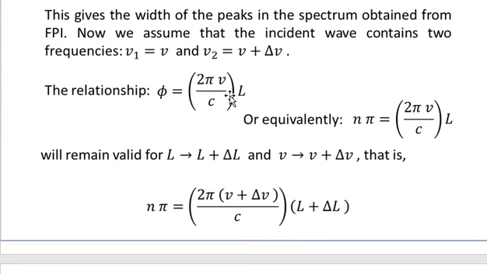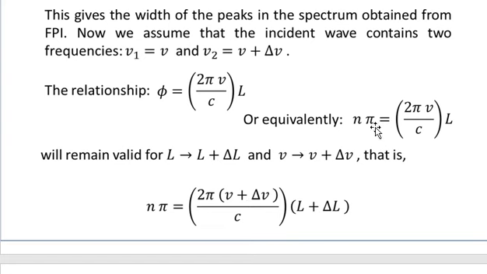Making these two changes in this formula, we get n pi is equal to 2 pi into nu plus delta nu divided by c, and outside that parenthesis we have another parenthesis containing capital L plus delta L. So delta L is the change you have made in the separation between the two glass plates of the interferometer, and I have also included the two frequencies, that is nu plus delta nu.